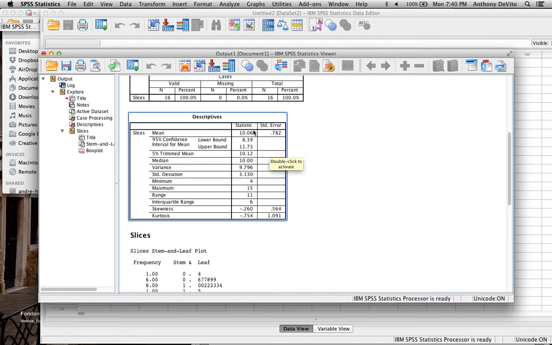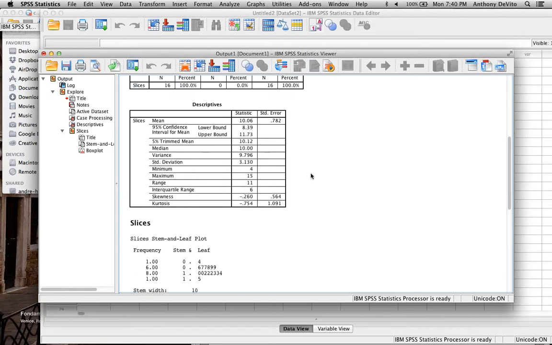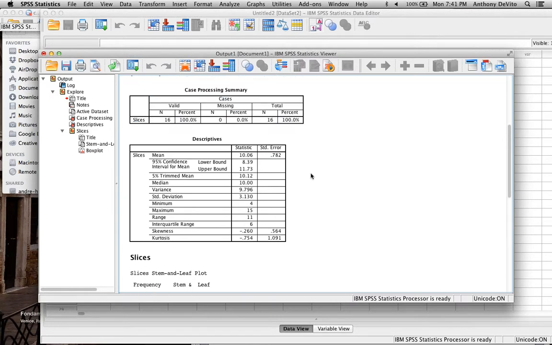Now, I happen to know across the entire city that delicatessens give an average of 8 slices.